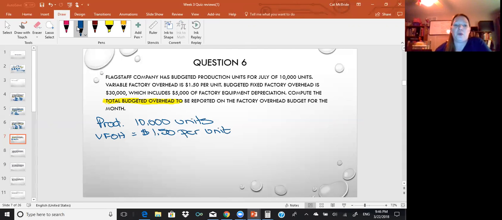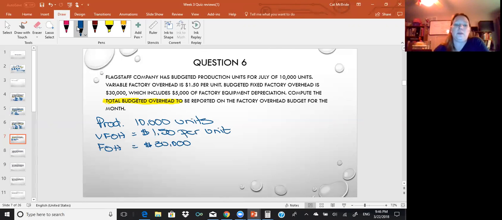Budgeted fixed factory overhead is $30,000, which includes $5,000 of factory equipment depreciation. We want to know the total budgeted overhead to be reported.